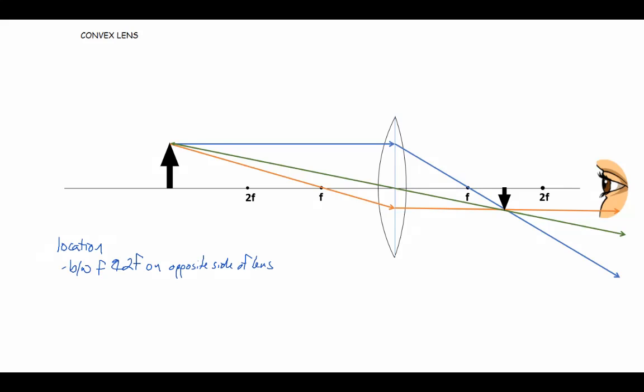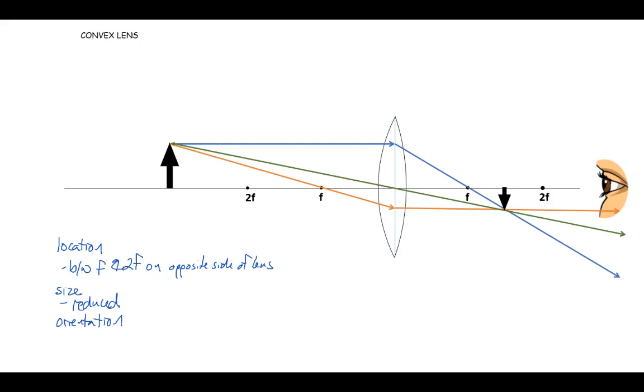Okay, so we got location. Let's take a look at size. Pretty obvious to see that this is reduced, as opposed to magnified. We could have same size. That's what would happen if we put it on 2F. But for here, we're going to say that it's reduced.